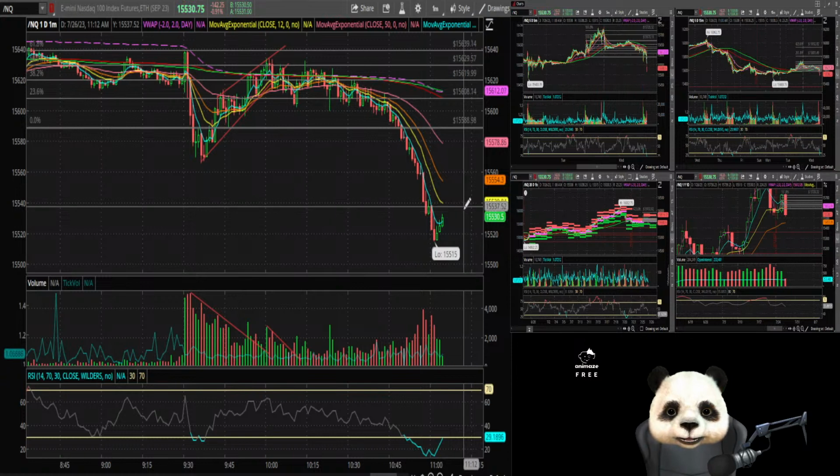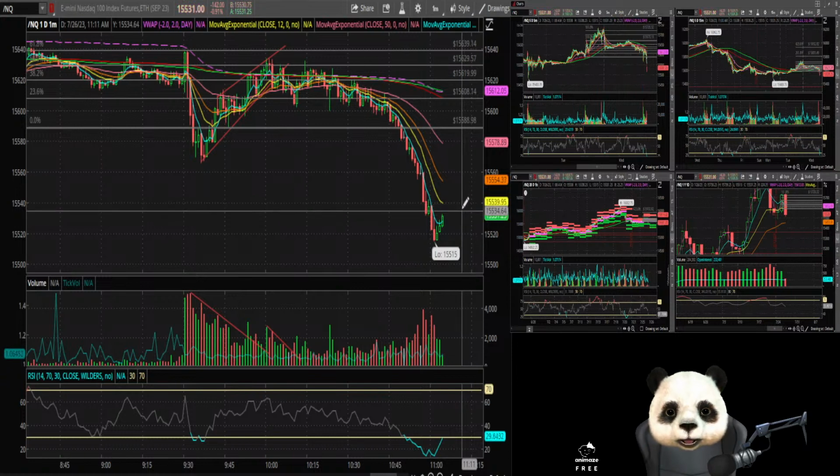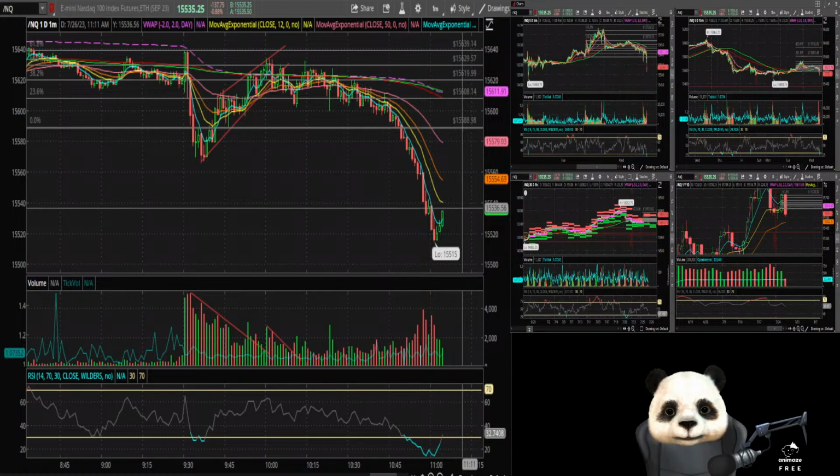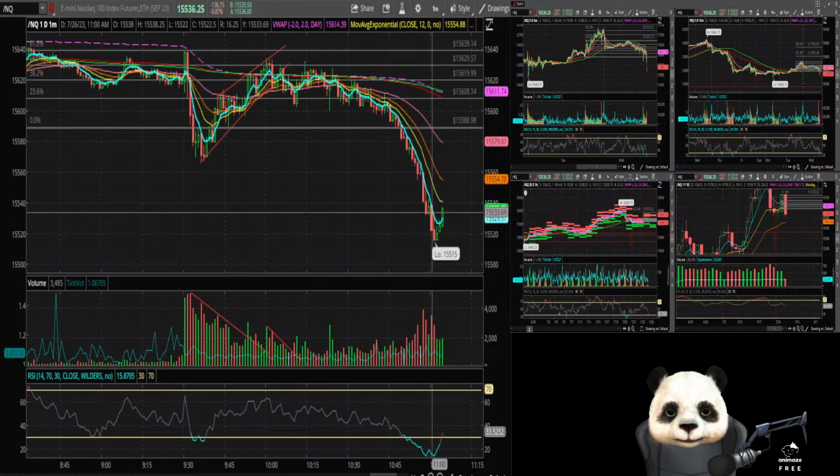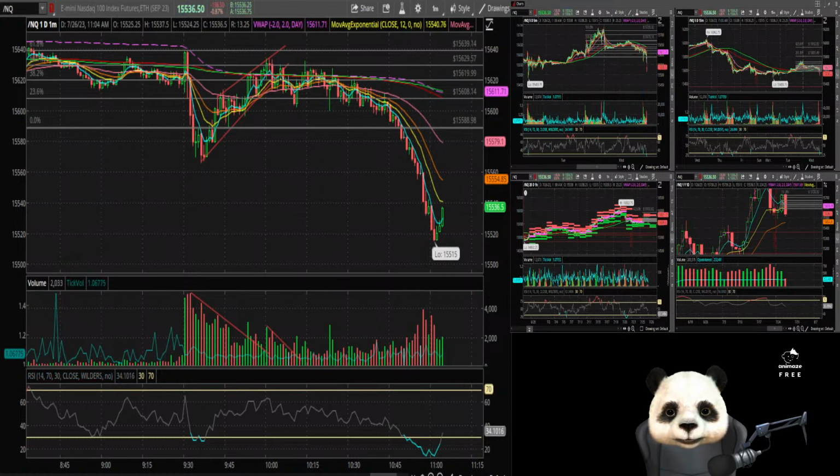Here we're getting back into this breakout, this little supply zone. I'm taking a tiny trade here, guys.